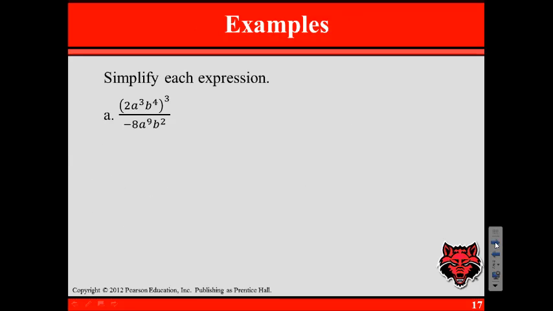Another expression using most of the exponent rules that we've learned in this section. So we start in the numerator. We have the power of a product, so we can rewrite this as each factor raised to the exponent. It becomes 2 cubed, a cubed to the third power, b to the fourth to the third power, all over a denominator that's not going to change.